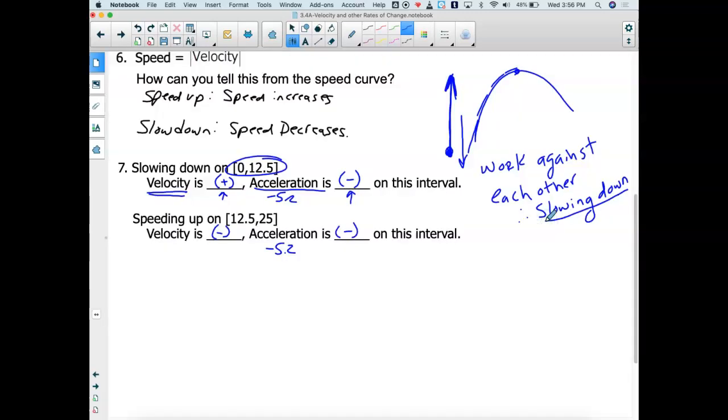When the velocity is negative, now it's on its way down. Now my velocity is going down, and acceleration is pulling down. They're working together here. Therefore, speeding up.